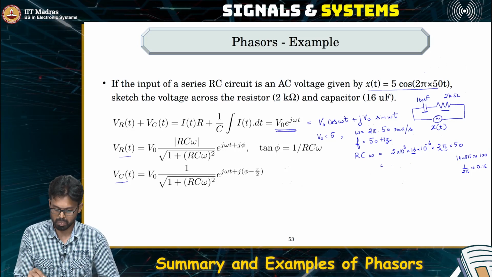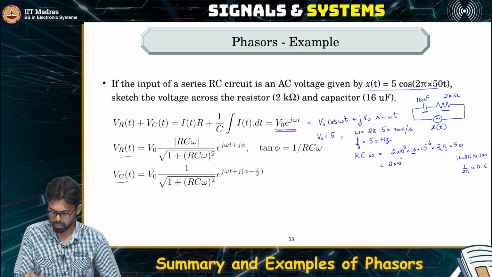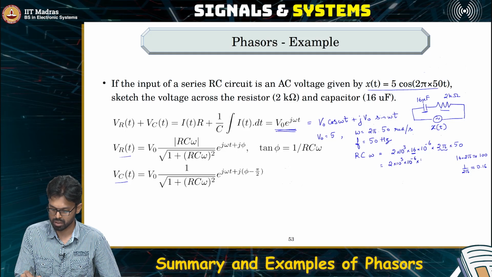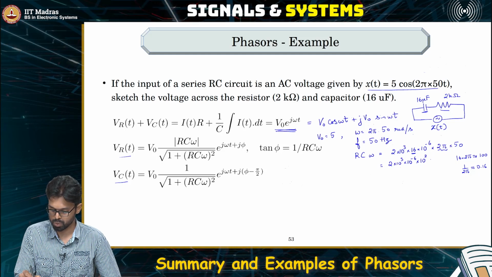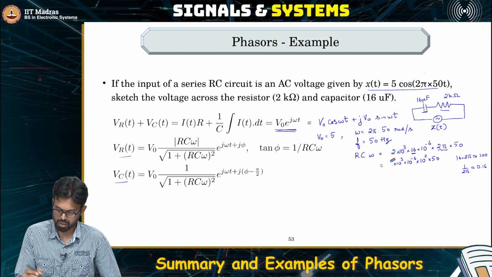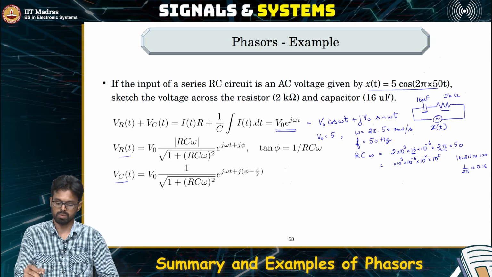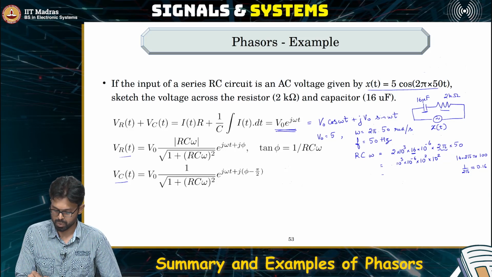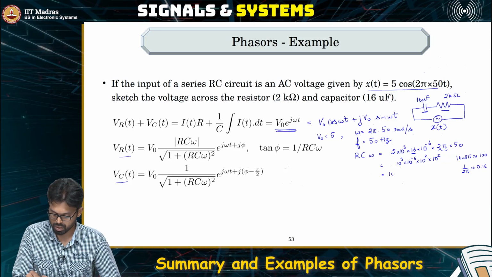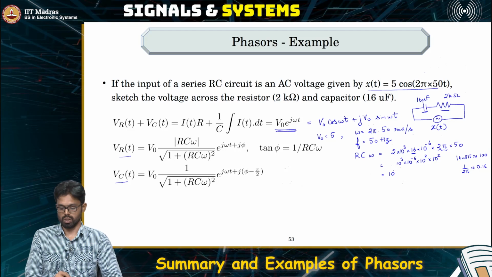So with this approximation, we'll say that 2 into 10 power 3 times 10 power minus 6 into 10 power 2 into 50. Then we'll multiply this 50 with this 2 and then say that is 10 power 2. Okay, which gives us a very simple and straightforward 10 here. Okay, that's an easy number to work with.